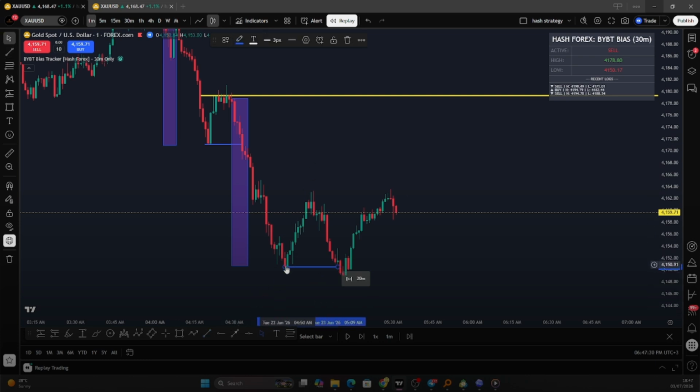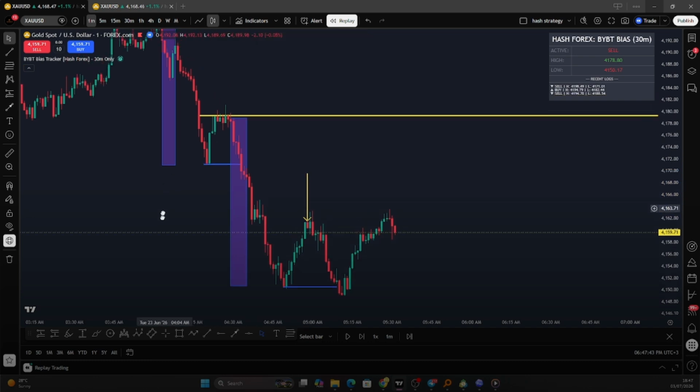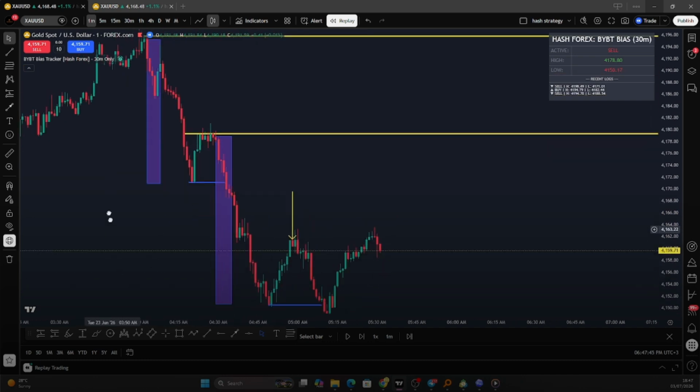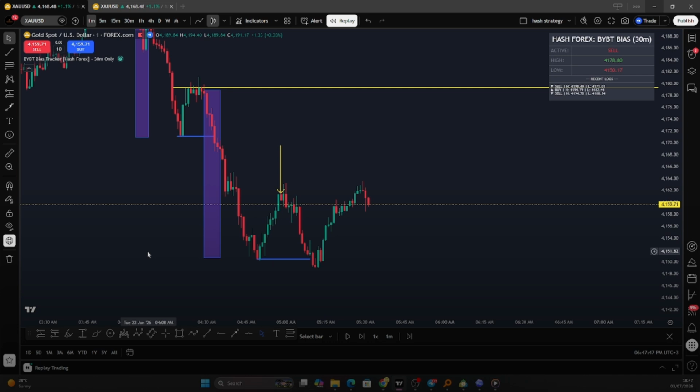Then the market gives us another pullback into this zone, creating another zone of resistance. You're having resistance here and resistance there. That already shows you that the market is pulling downwards. The sellers are pushing the market to the downside.